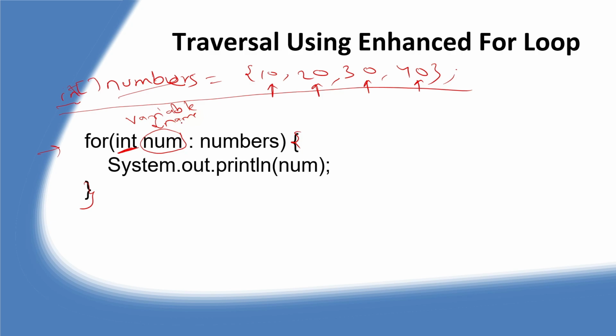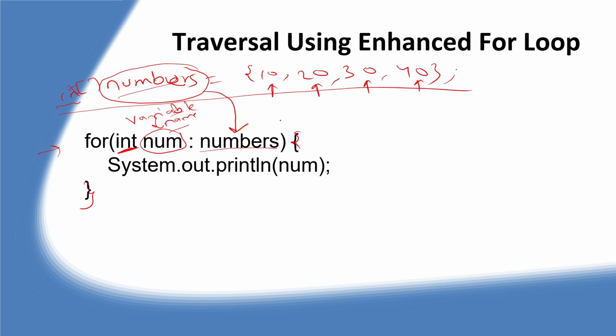This is not the variable name of the array, it is the variable name of the values. We are declaring a variable for values of integer type. And after the colon, we write the exact name of the array which we want to iterate, so the exact name of the array is numbers.